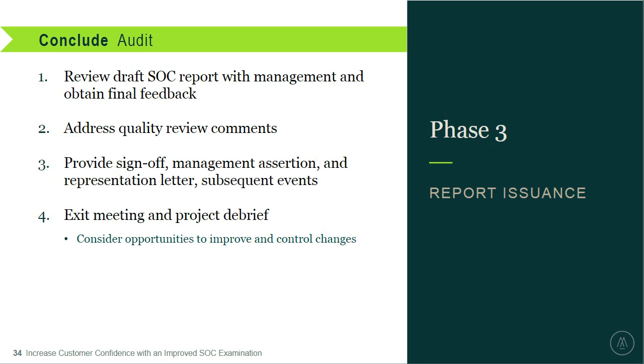Examples of those, let's say some type of fraud occurred after the reporting period, then the service auditor would want to know that because it could impact their opinion. Or if there's some type of issue or security incident that occurred, the service auditor would want to know that, and that's the opportunity for management to provide that. And then there's an exit meeting. The exit meeting is basically lessons learned or opportunities for improvement going forward.